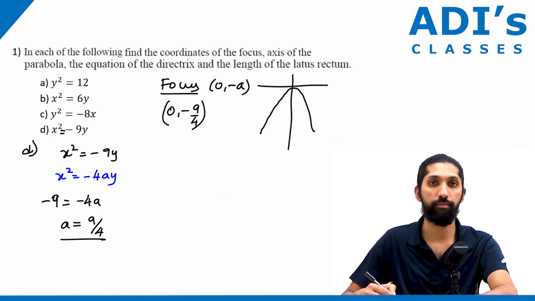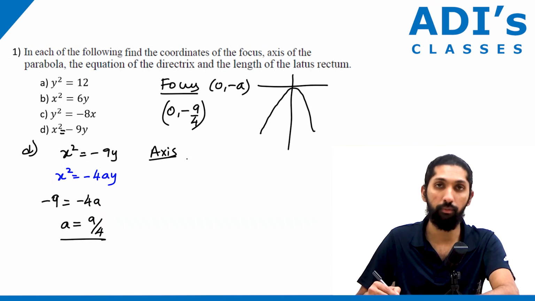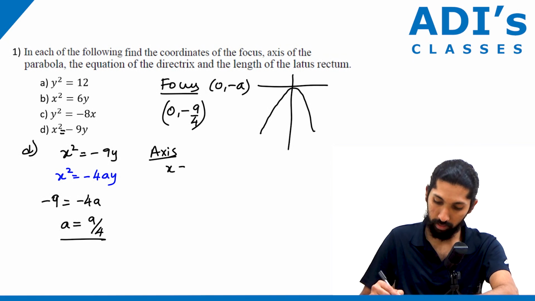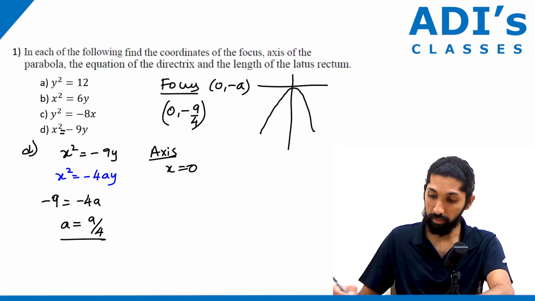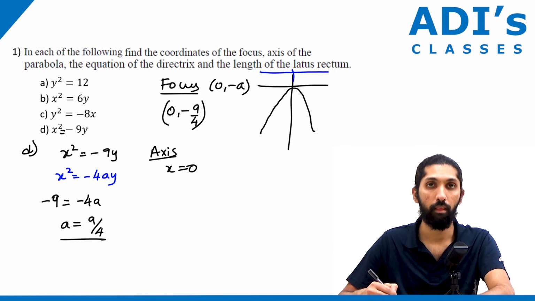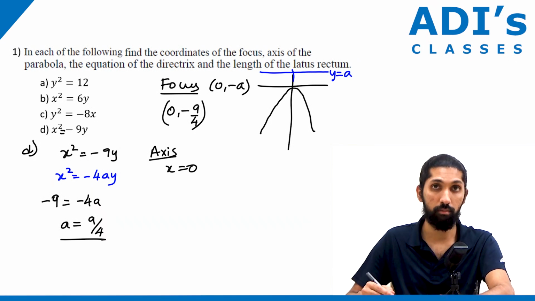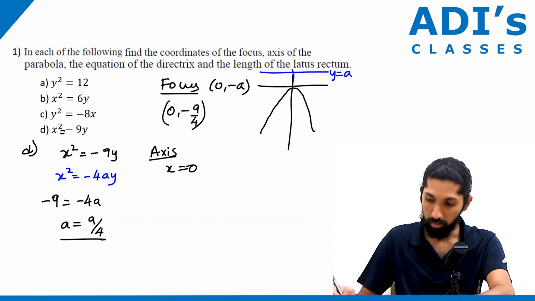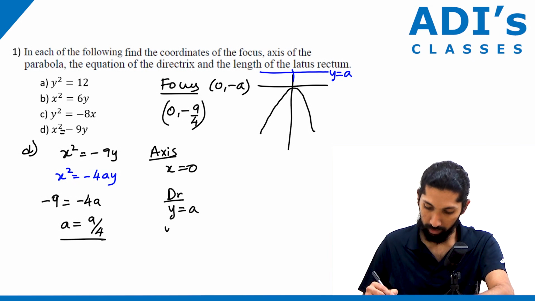So the axis is going to be the y-axis, which is x is equal to 0. Directrix will come somewhere up here, which is y is equal to plus a. So y is equal to 9 by 4.